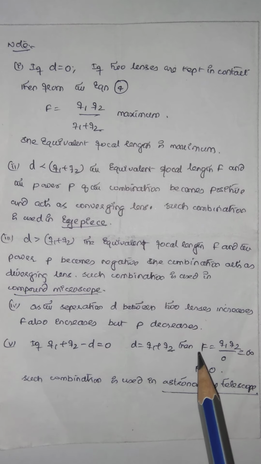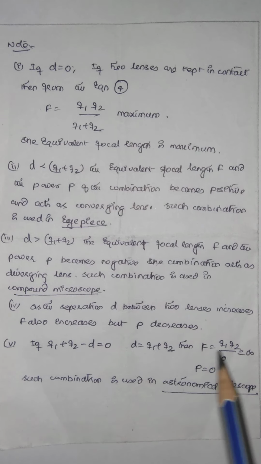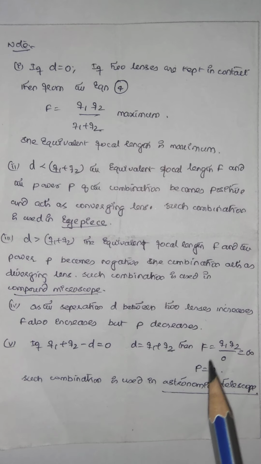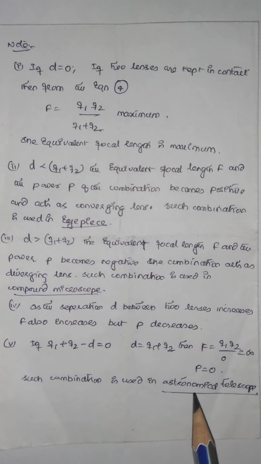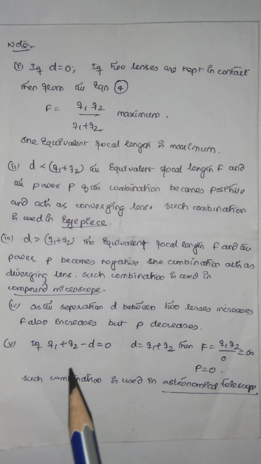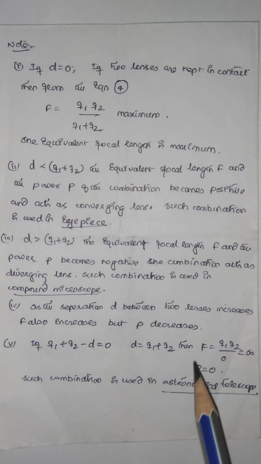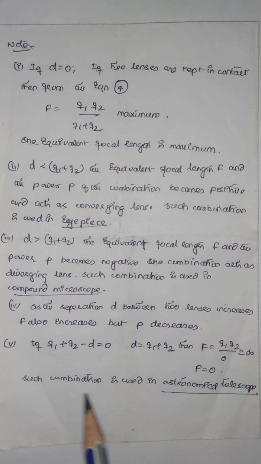That means focal length is infinity. When the focal length is infinity, focal power, its reciprocal, becomes 0. When the focal power is 0, this condition is used in astronomical telescope.